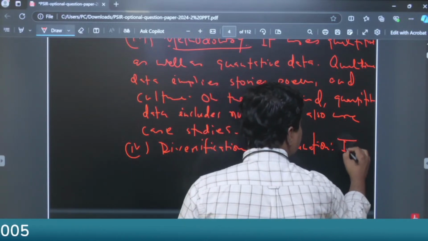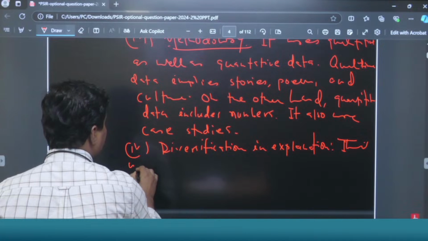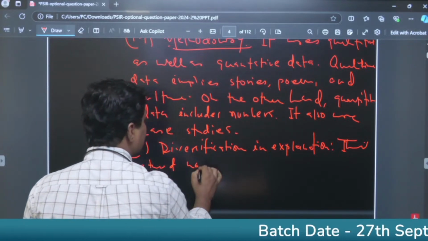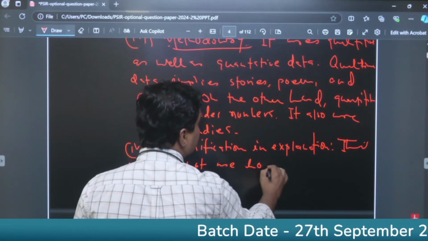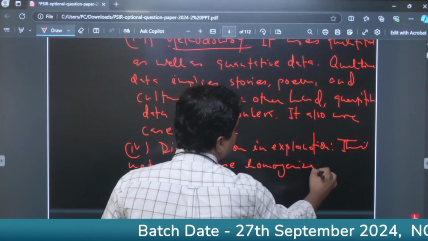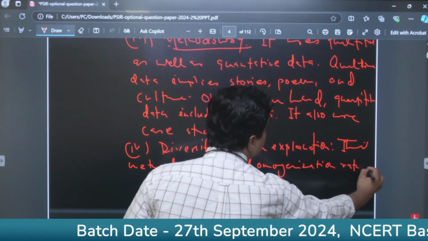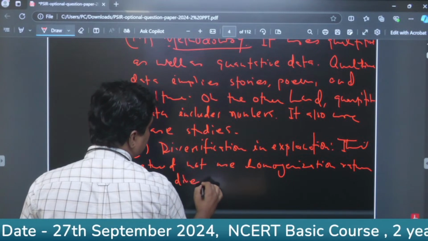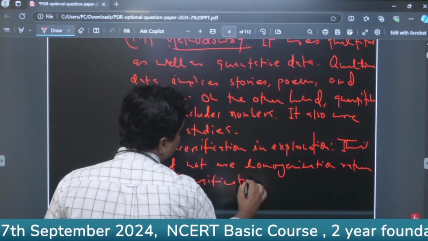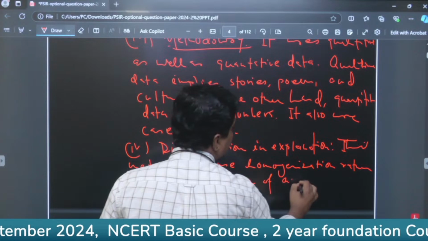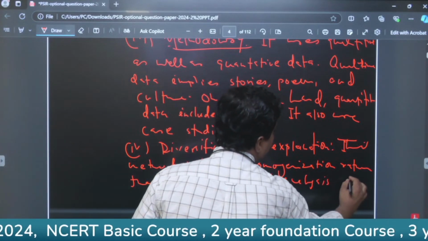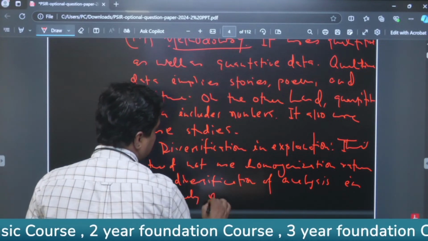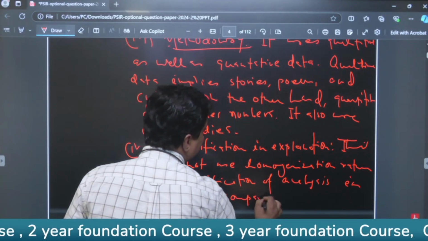This method does not use homogenization but rather diversification of analysis in the study of comparative politics.